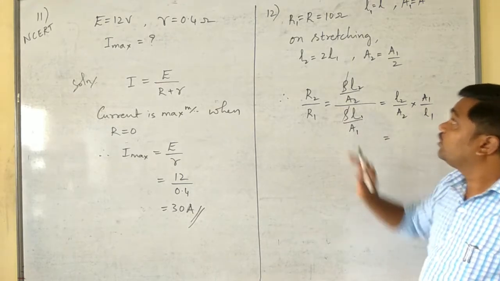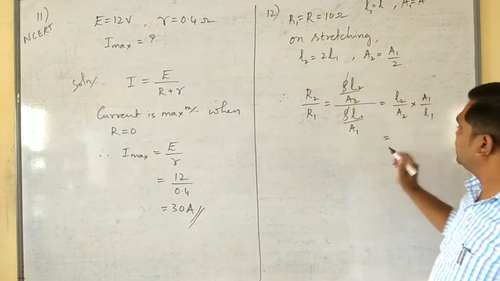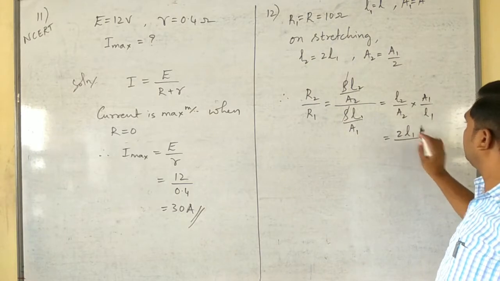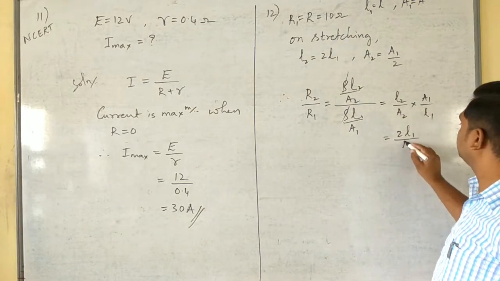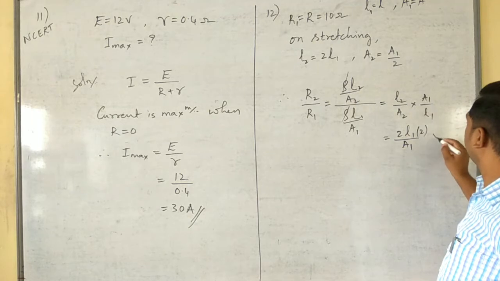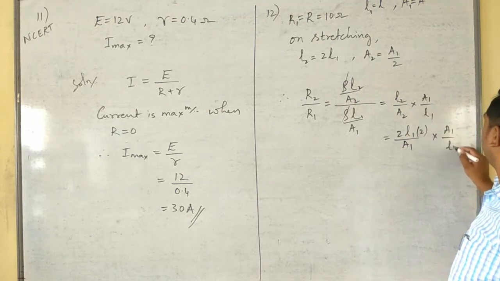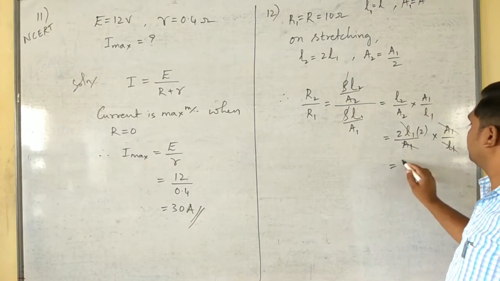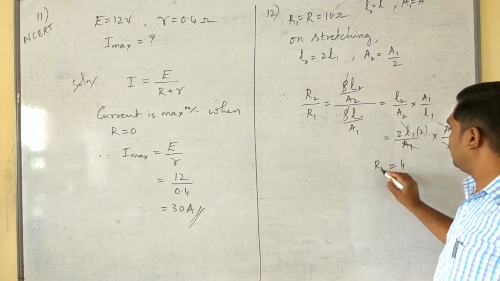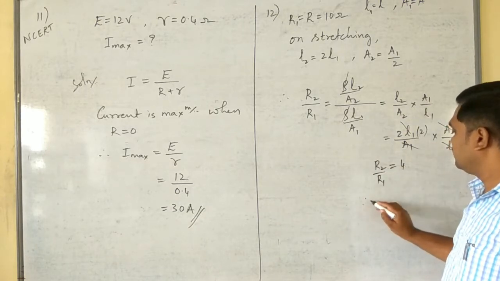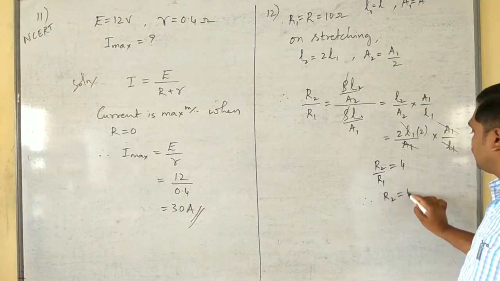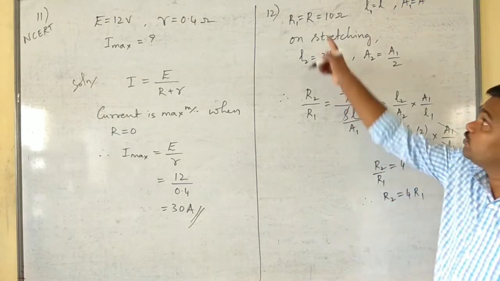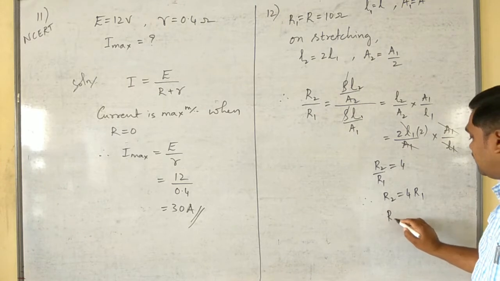What is L2? On stretching, the length becomes 2 times L1. On stretching, A2 becomes A1 by 2. 2 goes to the numerator. L1 cancels, A1 cancels. Therefore, it is 4. R2 divided by R1 is 4. Therefore, R2 is equal to 4 times R1.